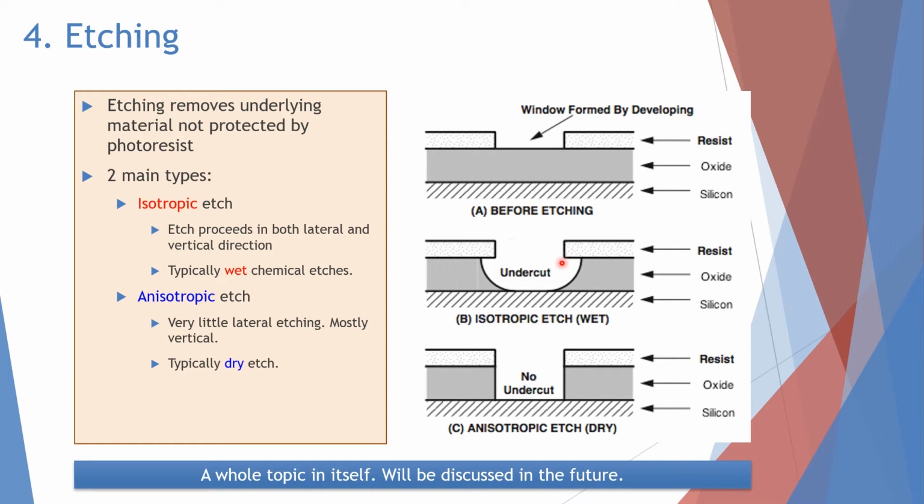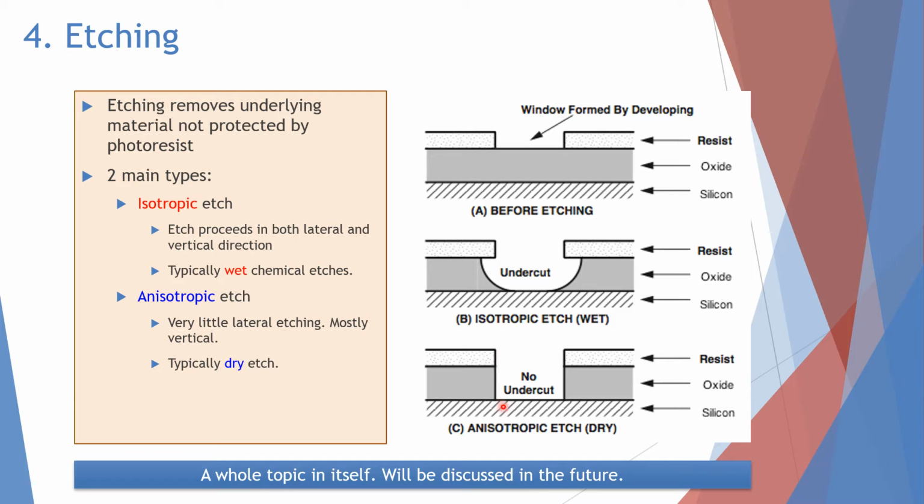After the etching process, two types of etching can be created. One is isotropic etch, usually performed through wet etching, and the other is anisotropic etching, which we know as dry etching. If you look at the difference between isotropic and anisotropic, the cut is different.